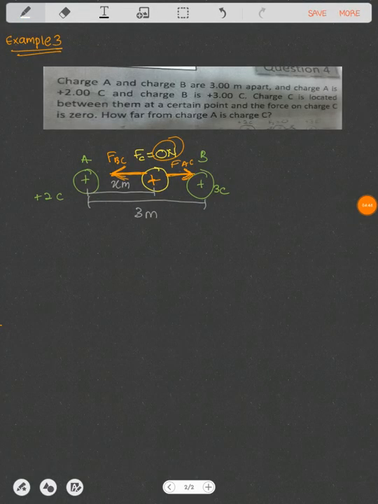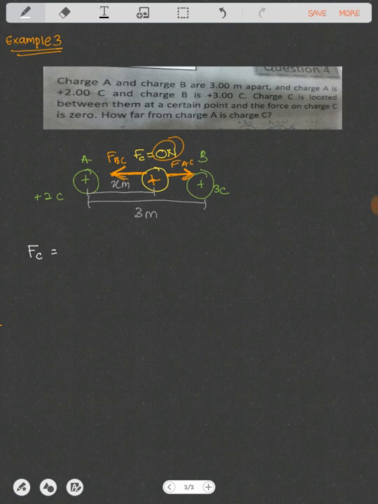So nak cari FC ni, kita tulis formula dia. Nak cari FC samalah dengan yang example number 1, which is kita nak cari the net force for charge C. Ada dua charge yang memainkan peranan kepada charge C ni. So satu ditolak ke ditarik ke sana, satu ke kanan, satu ke kiri, ke manakah akhirnya dia akan pergi.